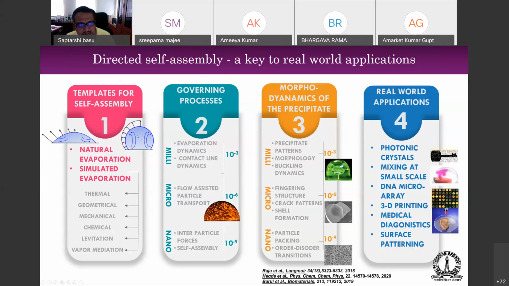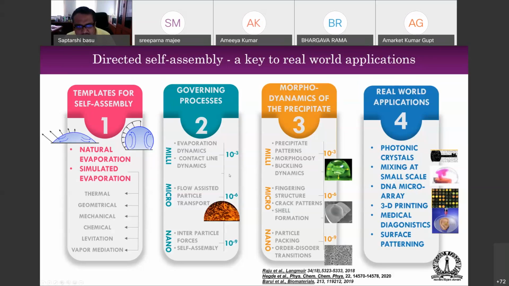Whereas on the other hand, if you have a hydrophobic droplet on the other side, the flow pattern is slightly different and you get different types of deposits. Now, these form a template of different self-assembly contexts in the case of multiphase physics. So what are the governing processes? Governing processes, of course, range across multiple scales.